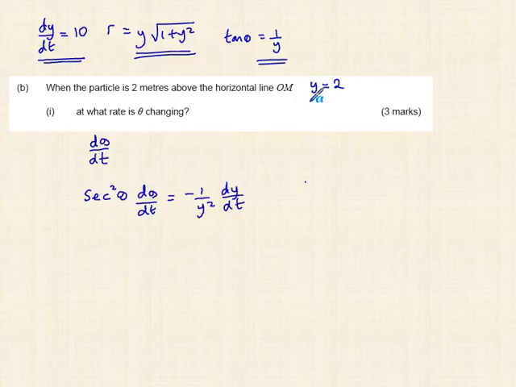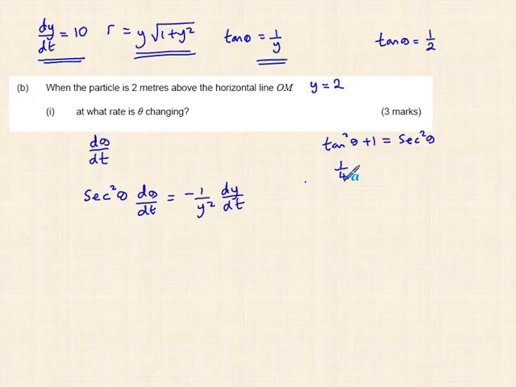Now, if y is equal to 2, that tells us that tan theta is equal to a half. We know that tan squared theta add 1 is sec squared theta. We could have just done this on the calculator, but I'll do it like this.